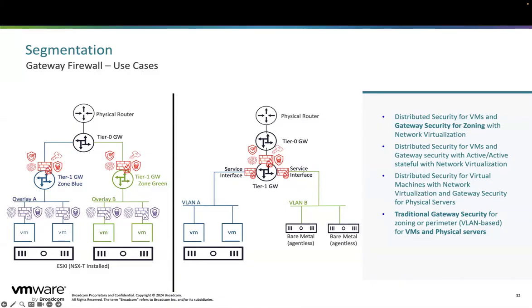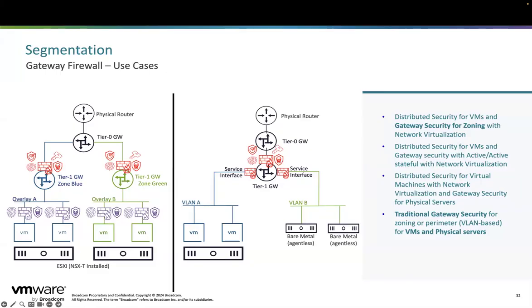So you can see on the right-hand diagram, on the left part of the right-hand diagram, stay with me, we've got our hypervisor with some VMs, we've got VLAN A, and then we're running to a tier 1 gateway, and then that gateway also has connectivity to a second VLAN. For that second VLAN, we have bare metal systems that are connected.